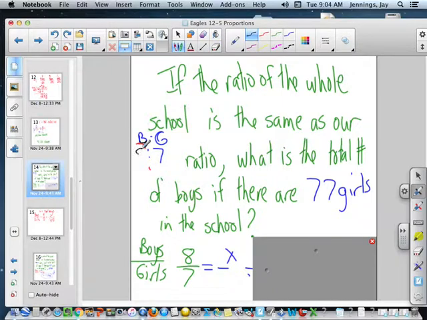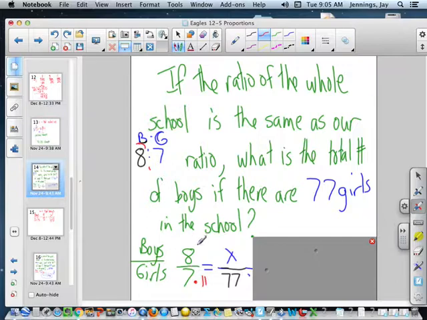We got 8 here. Okay, so how do we get from 7 to 77? We multiply by, that's right, 11. And I want to probably write that as a dot here.